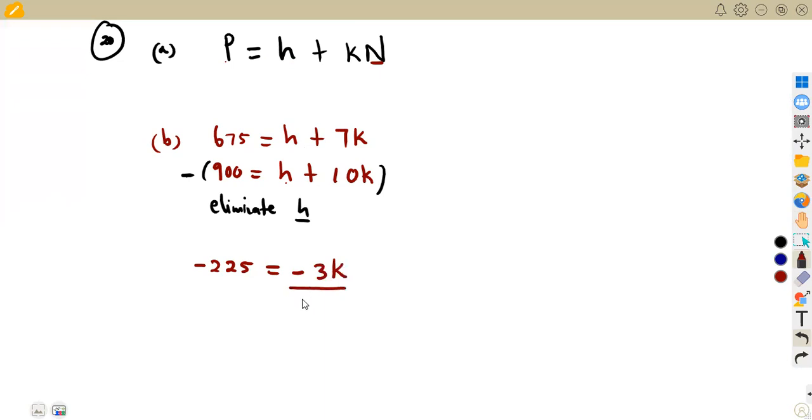So to find K, you are going to divide by negative 3 on both sides. By dividing by negative 3, we are obtaining the value of K. Negative over negative, so this is going to give us a positive 75.